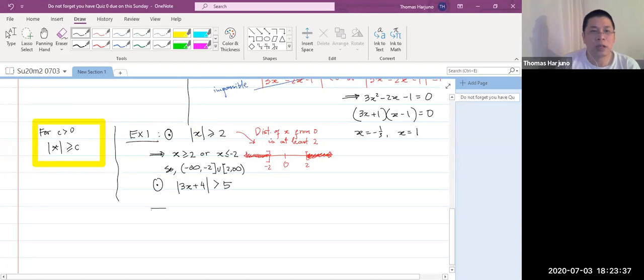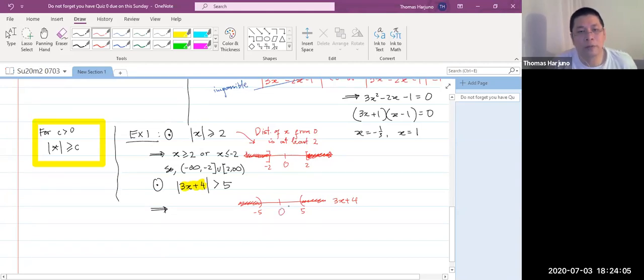It means that expression 3x plus 4 has to be to the right of 5 or to the left of negative 5. That's the only time that 3x plus 4 will have distance more than 5 from 0.